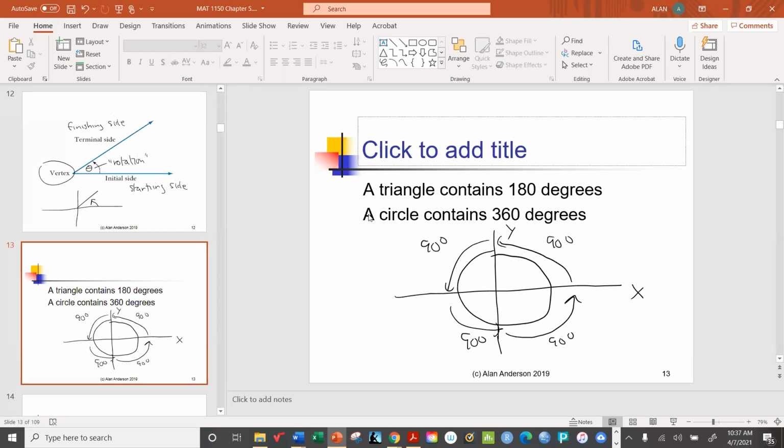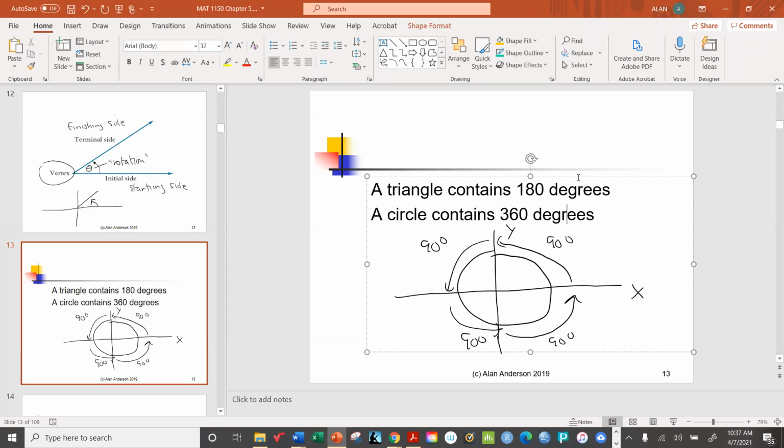Now, you might ask yourself, you may have asked yourself in high school, why do we have to do everything in terms of 60s? Why do we have such peculiar numbers? It's because the Babylonians' numbering system was based on 60, and that's why we wind up with these strange-looking numbers. You know, it would be nice if they were all 10s and 100s, but it just didn't work out that way.